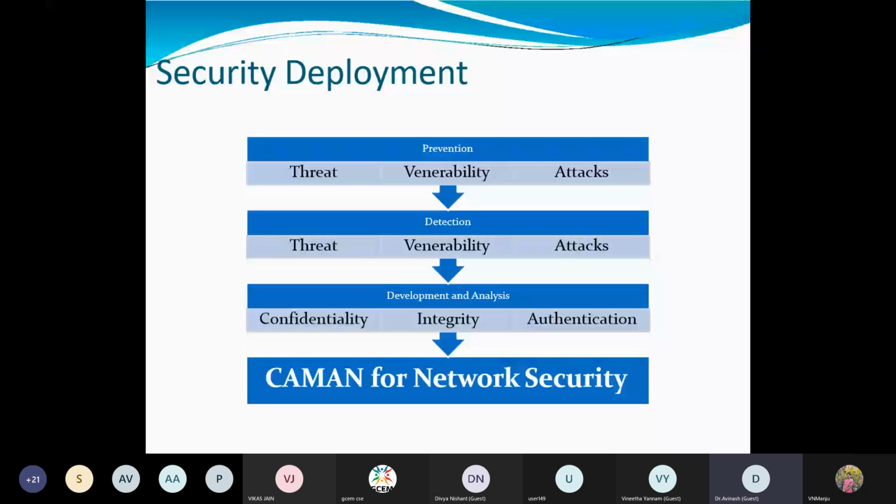Once the threat, the vulnerability, or some kind of attack has been detected, then we have to do some kind of development and analysis by using cryptography techniques. With those cryptographic techniques, we can find out the confidentiality, the integrity, and the authentication for the messages which we are sending from the sender to the receiver. So totally and together they can achieve the common goals for network security.